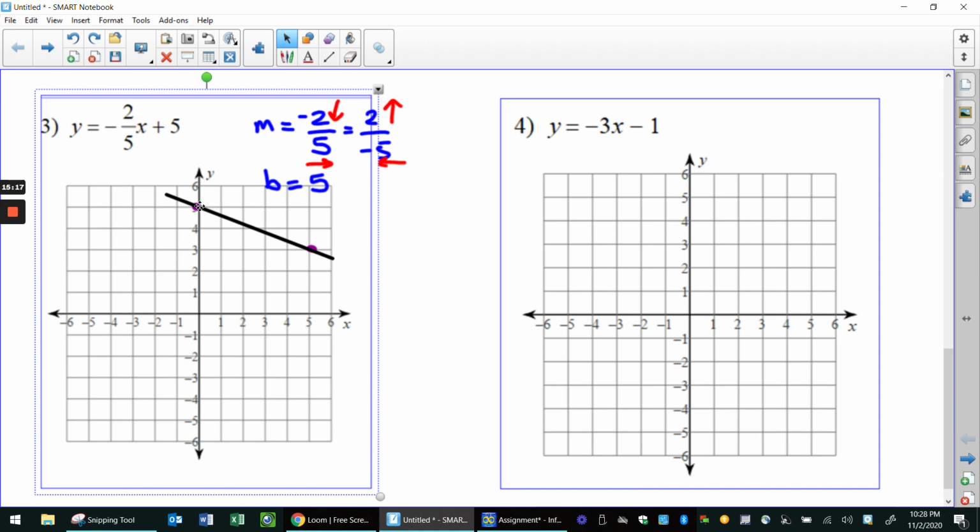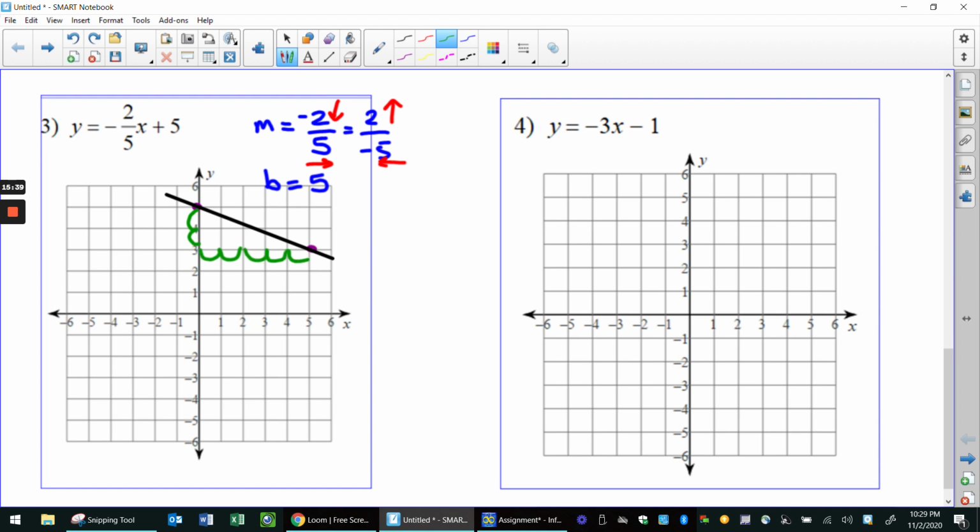And I started at 5, I put the point right there, I plotted it, and then I went down 2, so here we go, we went down 2, 1, 2, right? And then 5 to the right, and I plot the next point. So 1, 2, 3, 4, 5, that's a rise over run, and plotted the next point.